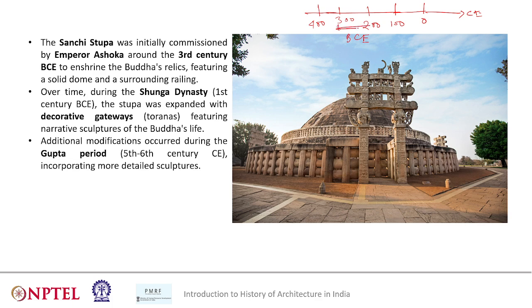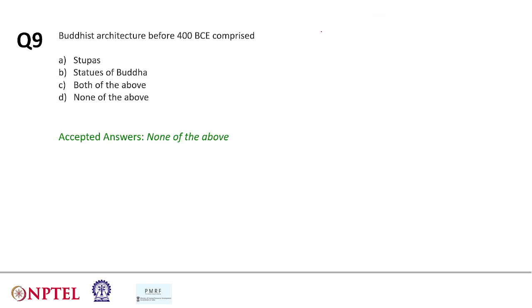The Sanchi Stupa was also built somewhere in this particular period. So obviously, before 400 BCE, we do not have any information, and the oldest one that is there is from the 3rd century BC. So the answer will be none of the above. Very good.